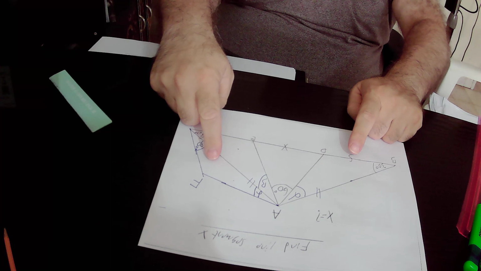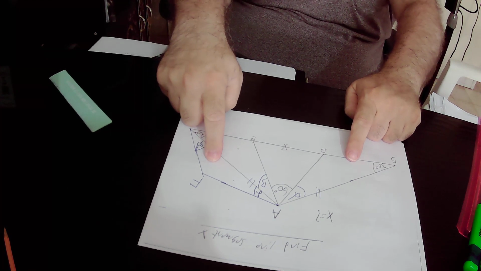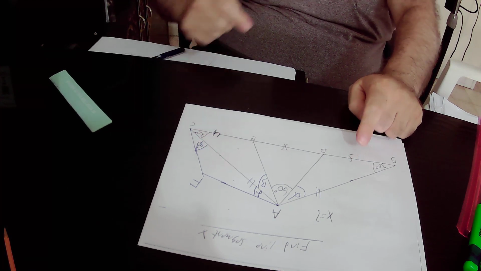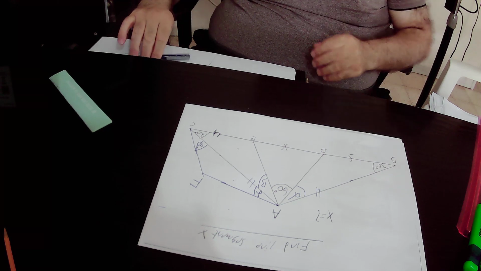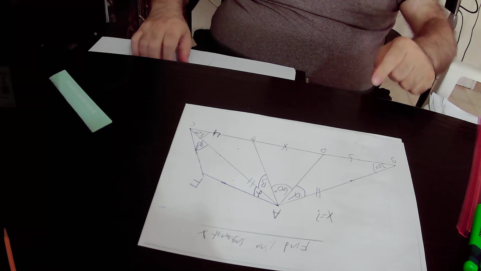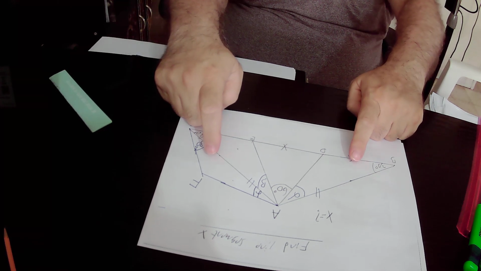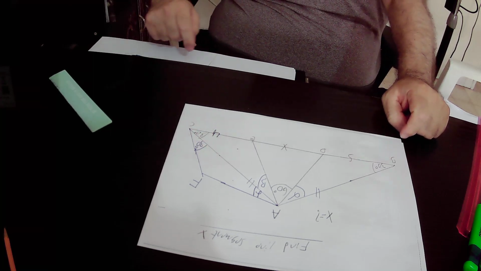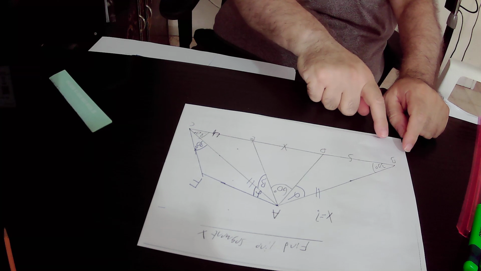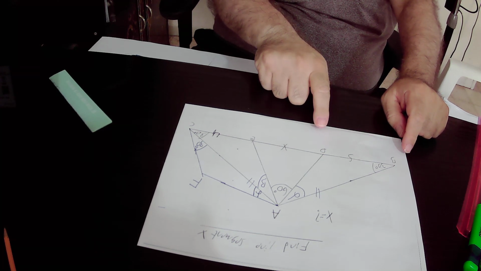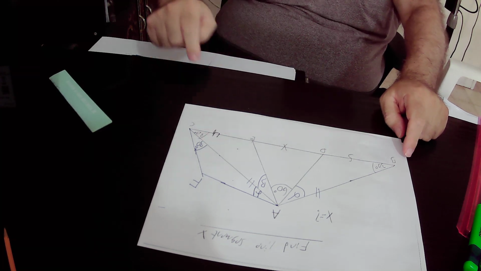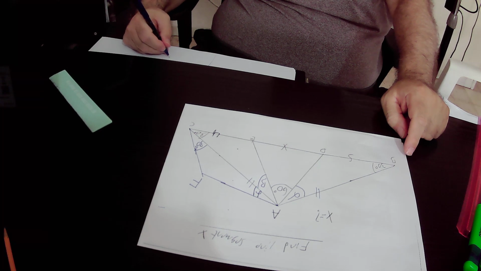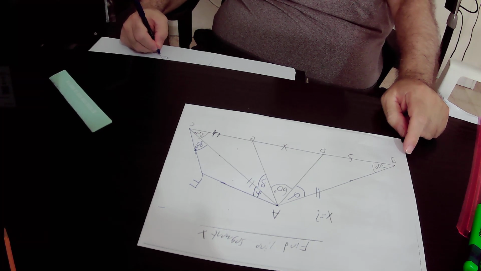Therefore those two triangles are congruent to each other according to the angle side angle rule. And from the fact that those two triangles are congruent, we conclude two things. The first thing is that side BD equals side FC.